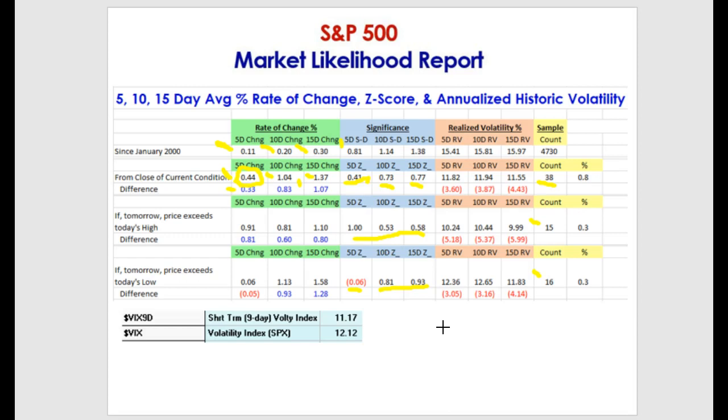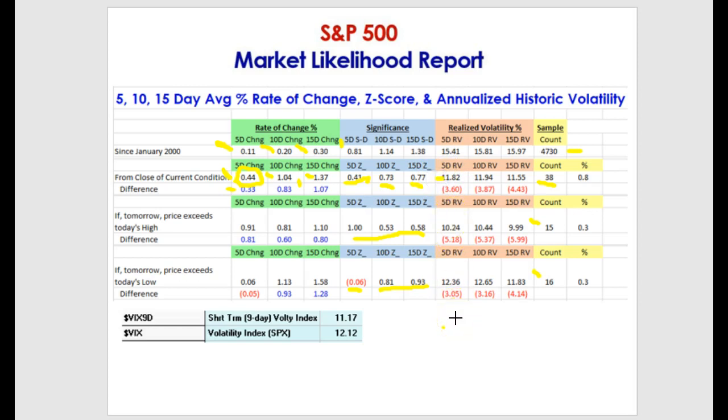Let's go to realized volatility now. Over the course of the market's history since Jan of 2000, the market averages roughly 15.5 to 16% annualized volatility on the 1, 2, and 3 week basis. That's the realized volatility level generally of the market. Okay, now when we come to our market condition, it's roughly around 11.5 to 12.